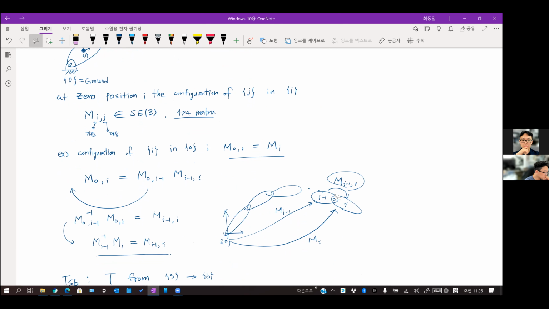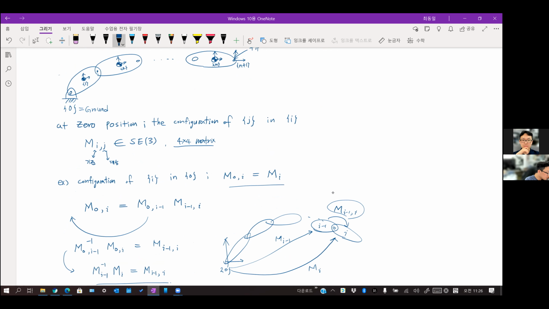Firstly, in zero position, we have the configuration of M, i, comma, j. This symbol represents the configuration of j in i. So the base is i and the target is j. So this one represents the configuration.